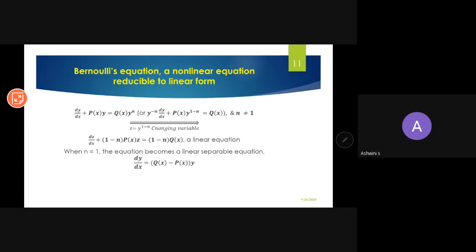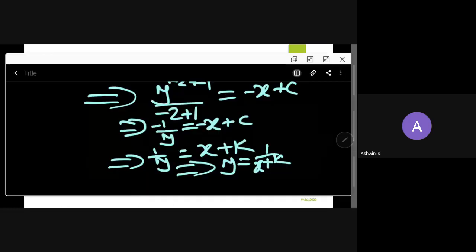He is saying V is equal to y power 1 minus n. So that gives you dz by dx plus (1 minus n) into px into z is equal to (1 minus n) into qx, a linear equation. So in this context, he says v is equal to y power 1 minus n. That we need to remember.